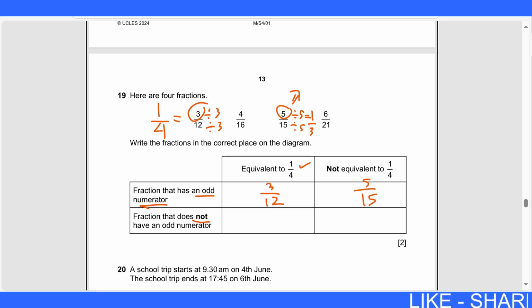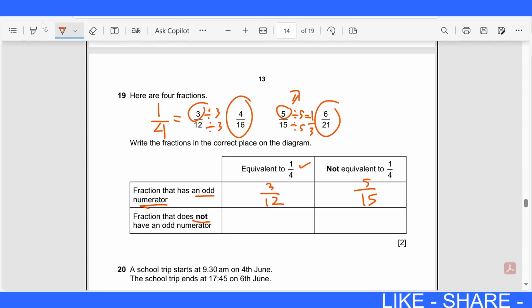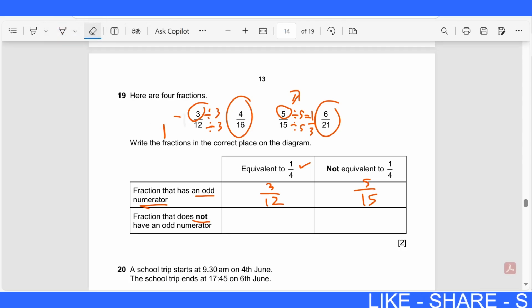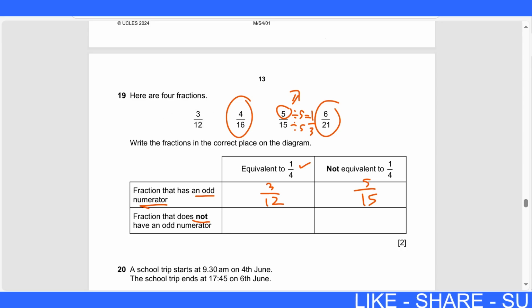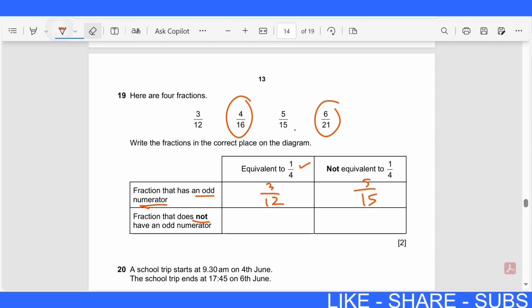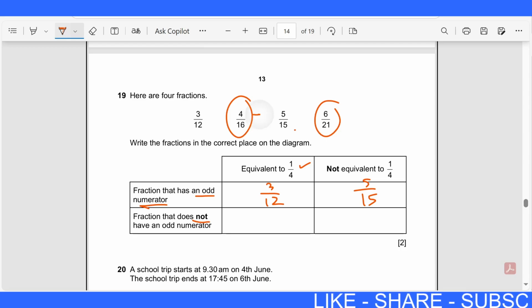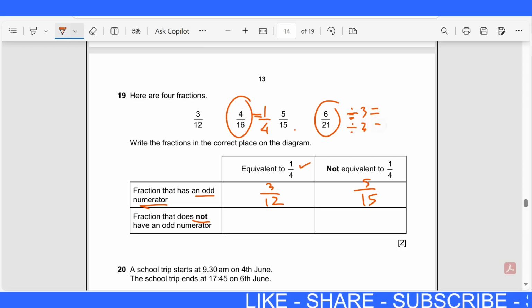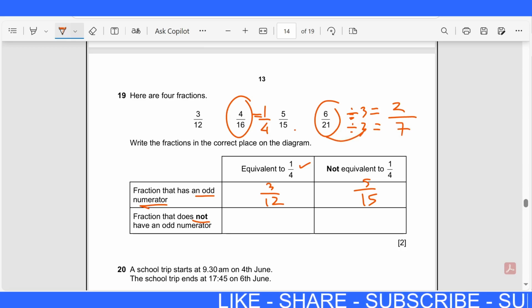Now for fractions that do not have an odd numerator, we have 4/16 and 6/21 left. Which one will simplify to 1/4? 4/16 divided by 4 becomes 1/4. For 6/21, we divide by the common factor 3, and we get 2/7, so it's not 1/4.